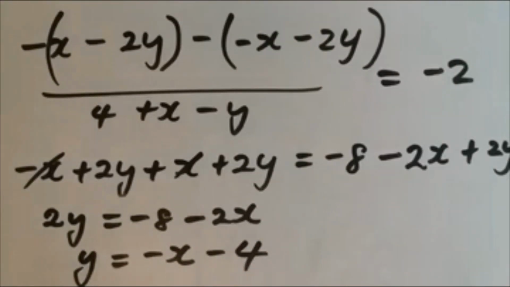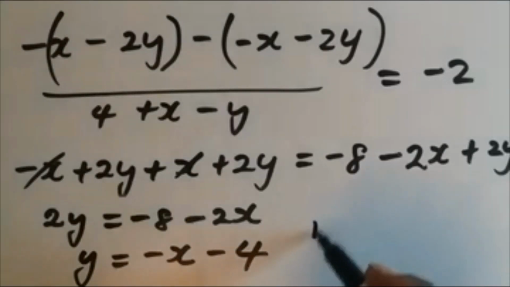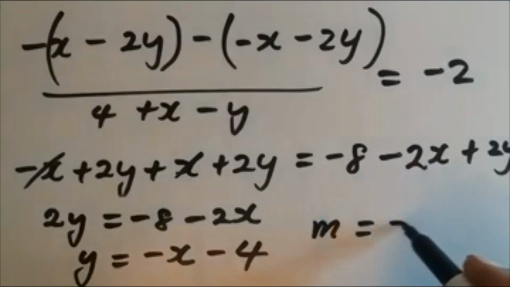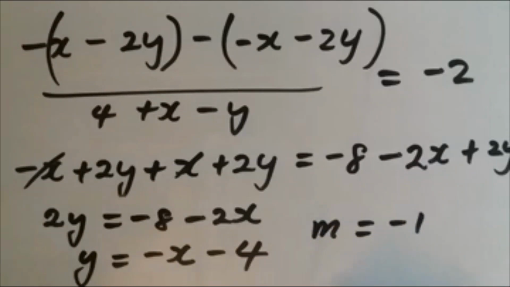So our gradient is the coefficient of x, m is our gradient, that's equal to -1, and our y-intercept, c, is equal to -4.